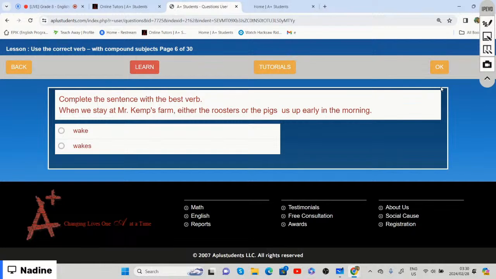So when we stay at Mr. Kemp's farm, either the rooster or the pigs wake us up early in the morning. All right. So when we stay at Mr. Kemp's farm, either the rooster or the pigs wake us up in the morning.